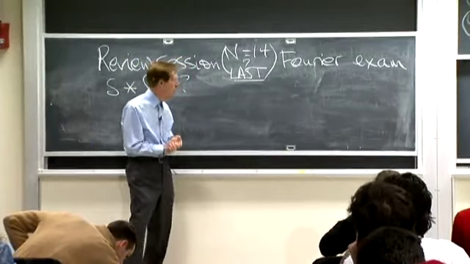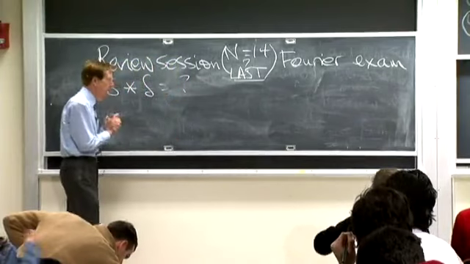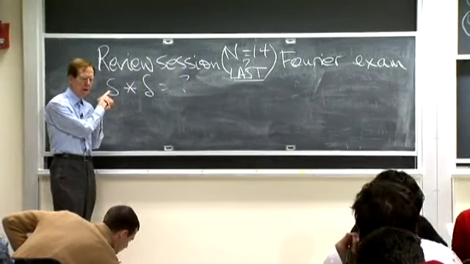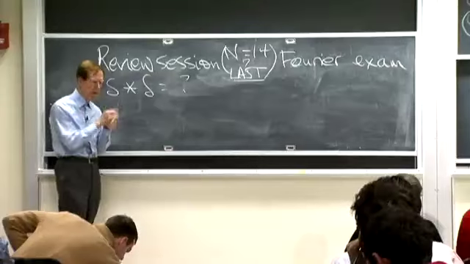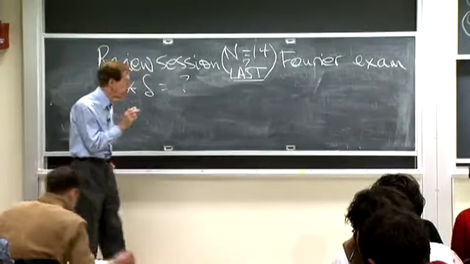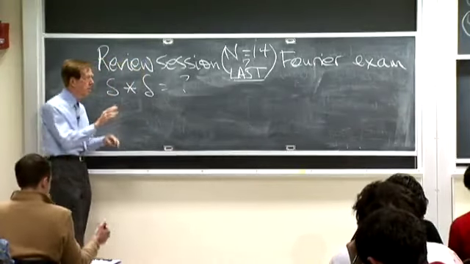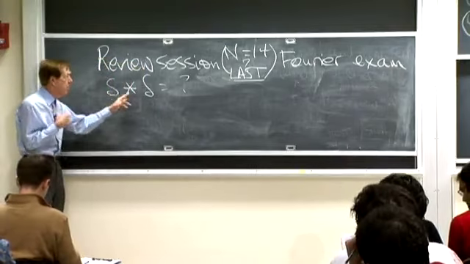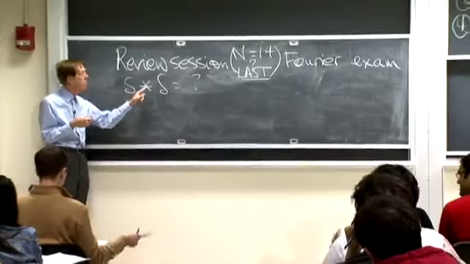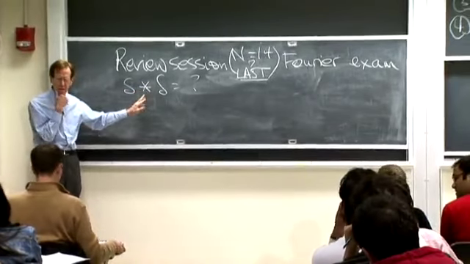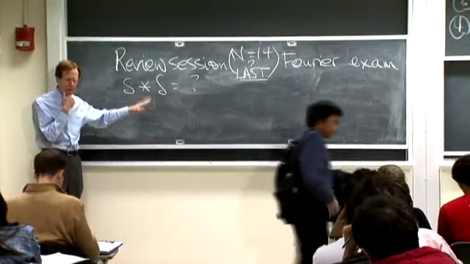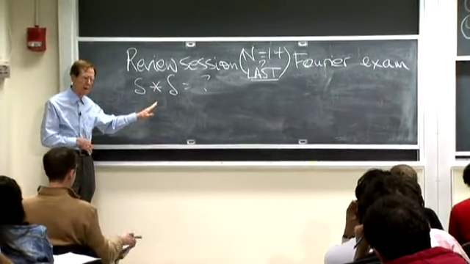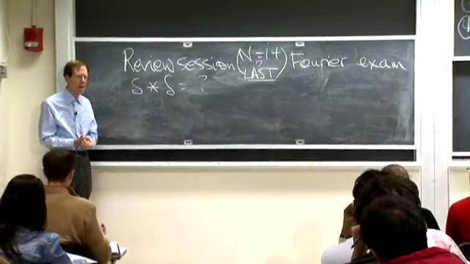So somebody emailed me that the posted solution, so I just posted a quick solution to the uncollected homework 10. What is the answer? If I convolve the delta function with the delta function, what do I get? Delta, right.